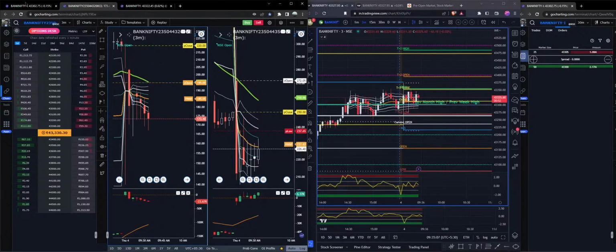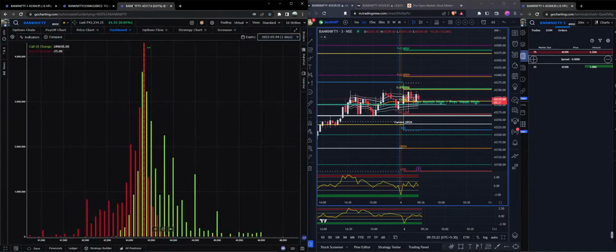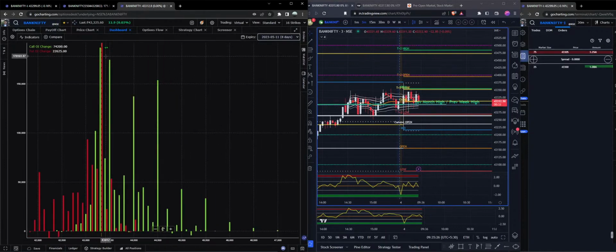Nope, it's failing. Yeah, so I'll be exiting this. We are having overhang supply, but the OI data is suggesting 300 is the zone where a lot of puts are being written for today's expiry and next week's expiry.